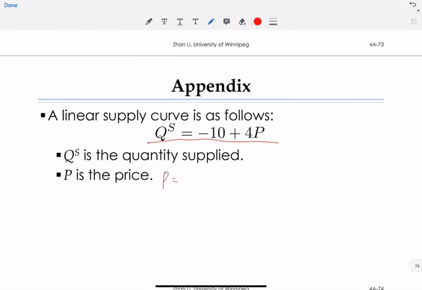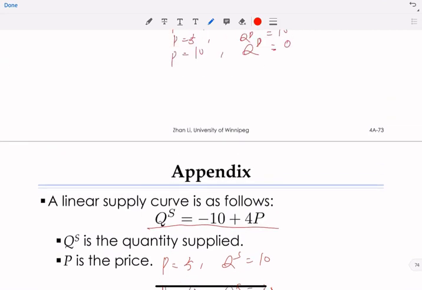If P is 5, we have QS, which is 10 here. If P is 10, then QS is 30. If P is 15, then QS is 50, right? So you can see that as price increases, quantity supplied increases. So this is actually a supply curve.